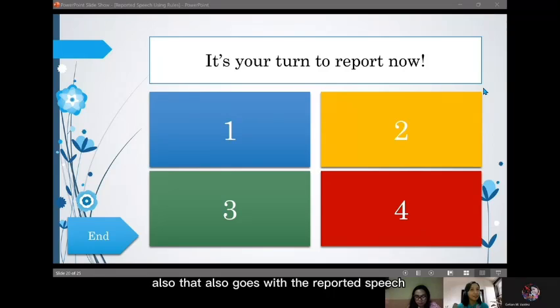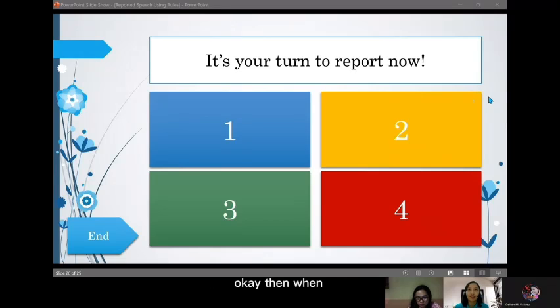Also, that also goes with the reported speech. But when you use a third person pronoun in the direct speech, it will not change when you are going to convert it in the reported speech. Okay?